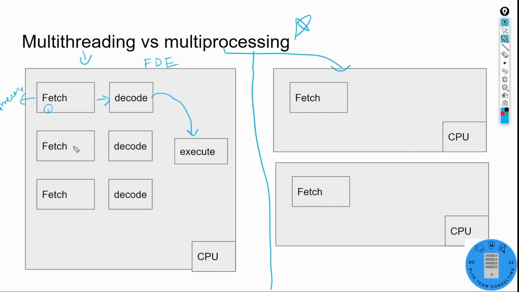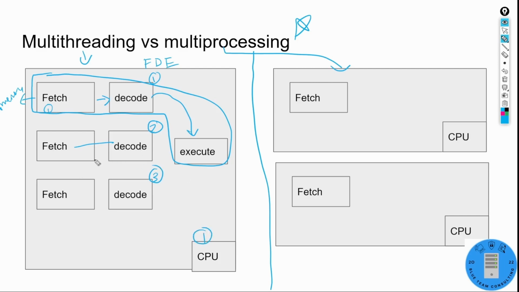If you have multi-threading, we'll just call this one thread here. Fetch, decode, execute, that is the first thread. If we introduce another thread and then a third thread, the thread is representing the number of fetch, decode, execute cycles that it can do on one CPU.